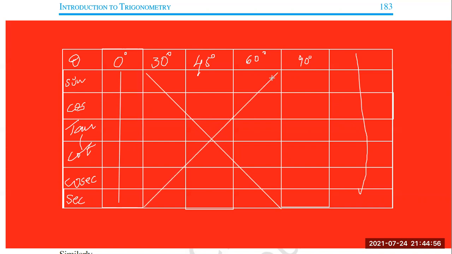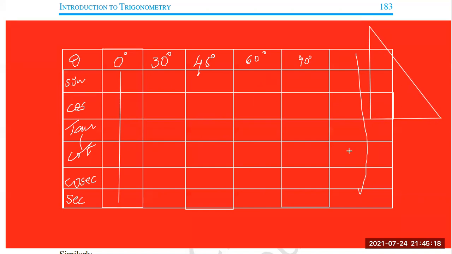ये सारे values को आप fill कर सकते हैं, not just by looking at the explanations given in the textbook. वहाँ पर जो answers लिखे हैं 30 degrees का cos कितना है, tan कितना है, no, don't look at that. Draw that right triangle, draw the triangle, notebook, mention all the values as we discussed, and after you do the procedures, whatever the answers you get, then you write the values here.